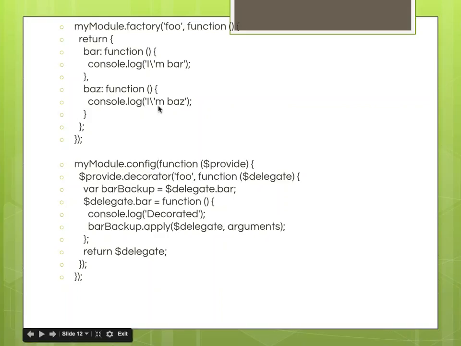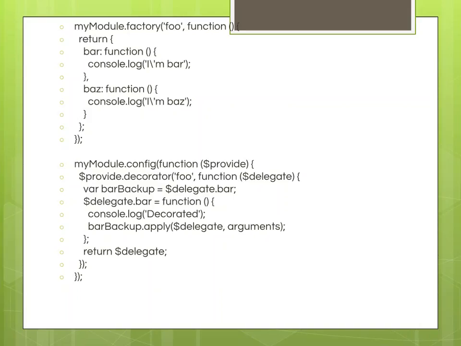See, on the screen, in the first part of the code there is a service, my module.factory foo. Foo is a service which has got two functions, bar and buzz. They are not doing anything as of now, but assume that they are very complex functions and you don't want to clutter all the things into your service.